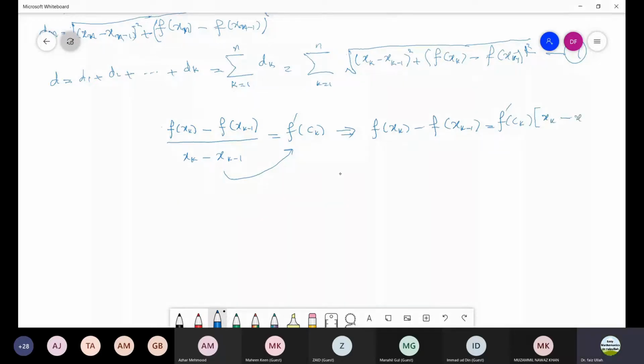Now xk minus xk-1 is delta x. If we take the same difference between all points, we denote this by delta x.